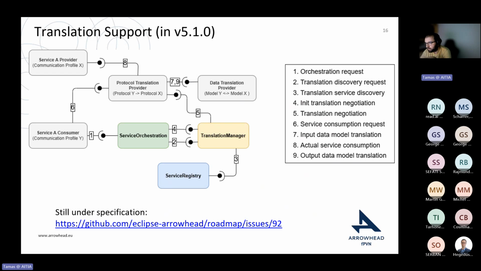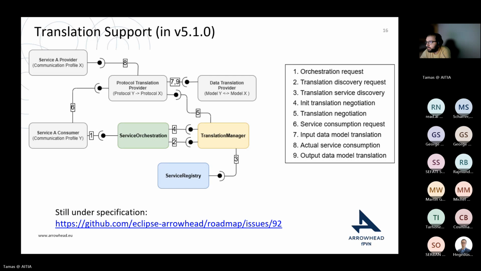It will consult with the service registry, looking for the proper protocol and/or data model or data format translator. And if there are proper providers, then the service orchestrator will decide that, okay, now we will build a translation bridge and will instruct the translation manager to initiate the translation negotiation with the chosen protocol translator and the data translation provider.